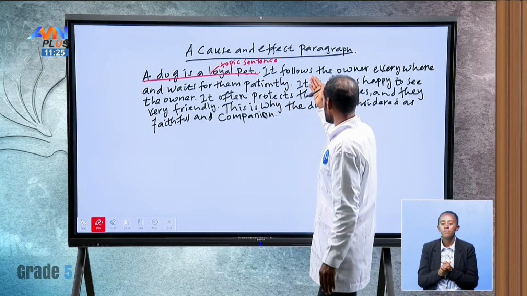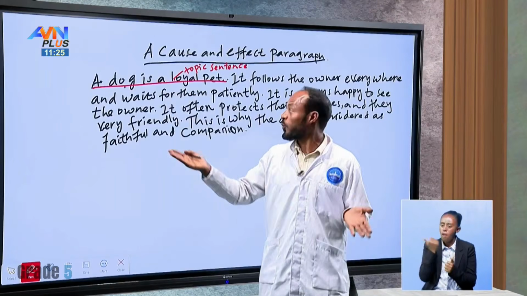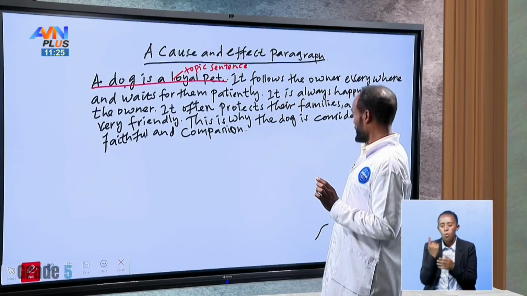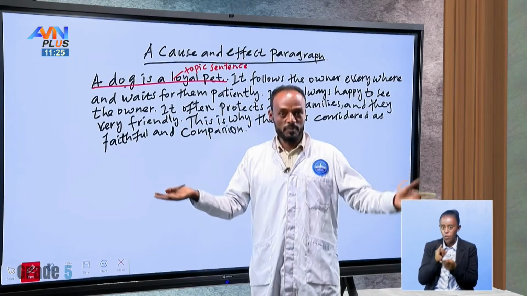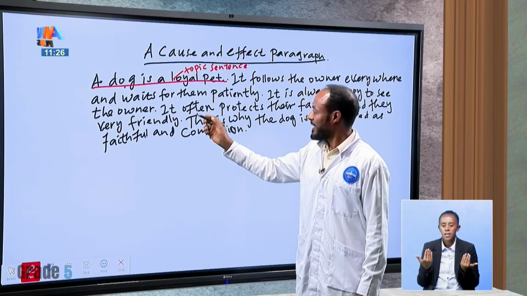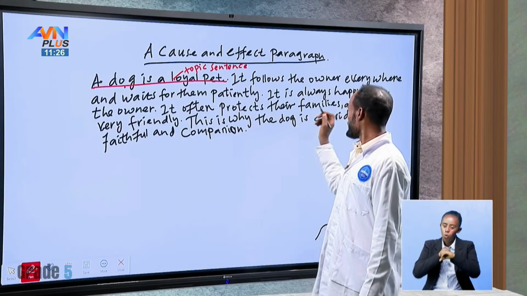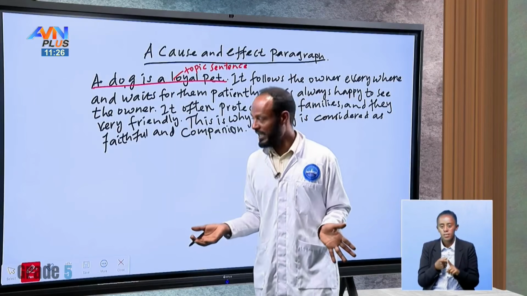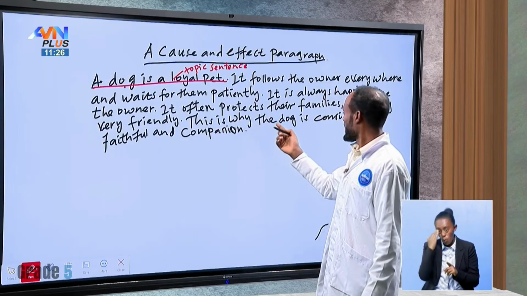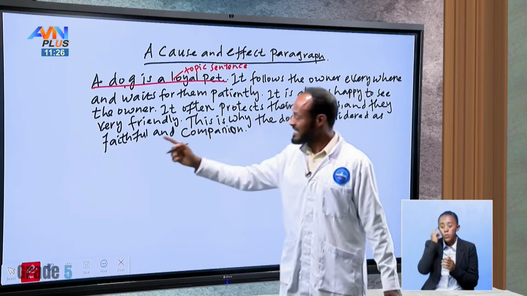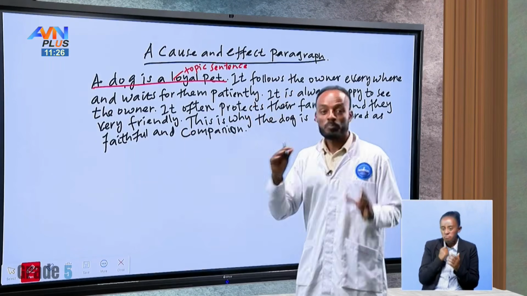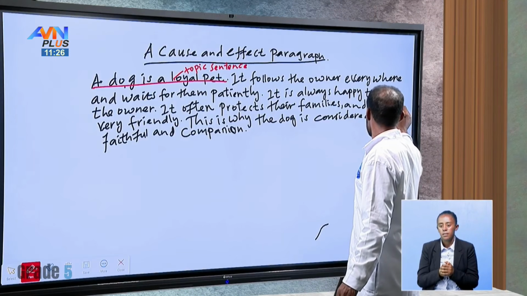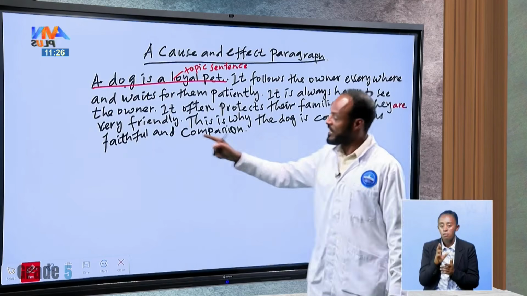Here, it follows the owner everywhere and waits for them patiently. It is always happy to see the owner, okay? They feel happy. It often protects their families and they are very friendly, okay? This is why the dog is considered as faithful and a companion. Here, the word should be written are: they are very friendly.